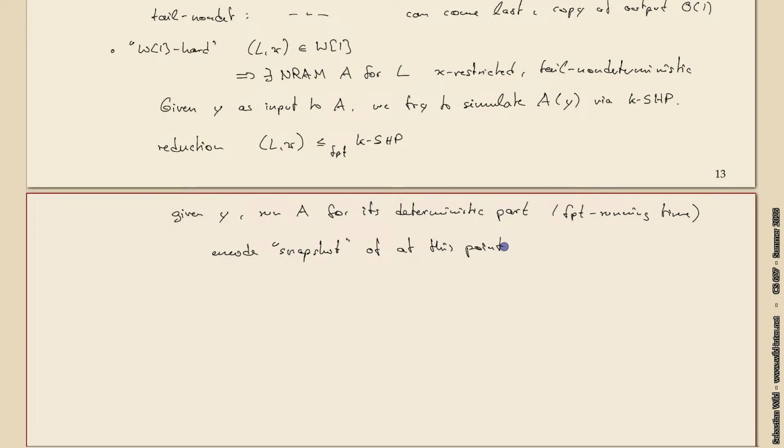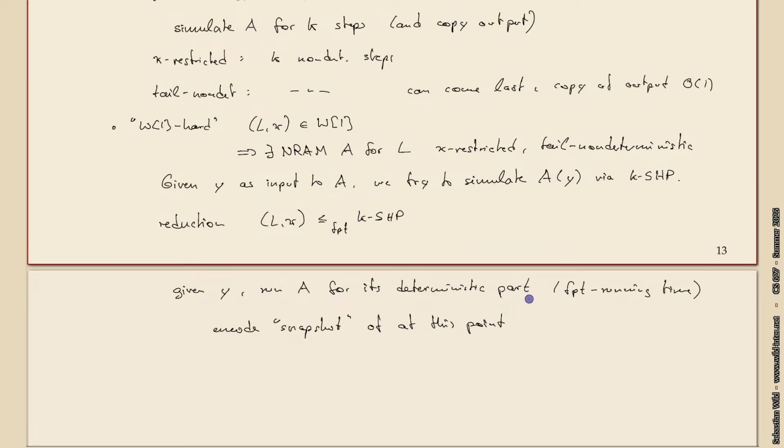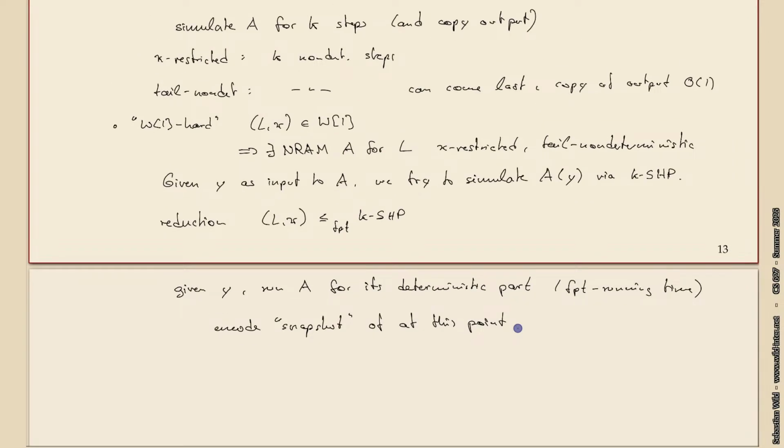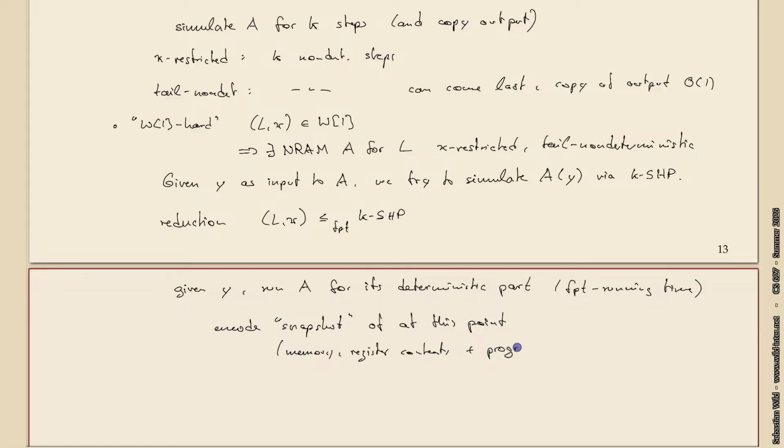And basically we encode that. Well, what is the state of the machine at this point? It's the memory contents and maybe an internal state, a program counter, right? So this is memory and register contents, plus where in the program you are.